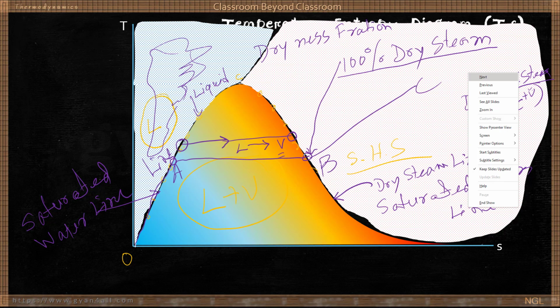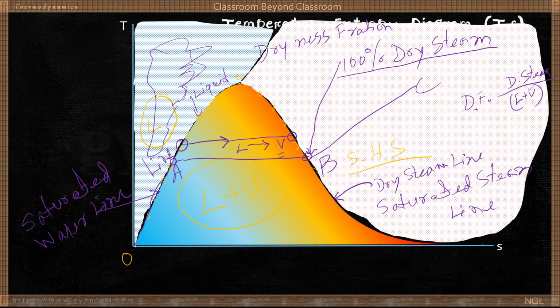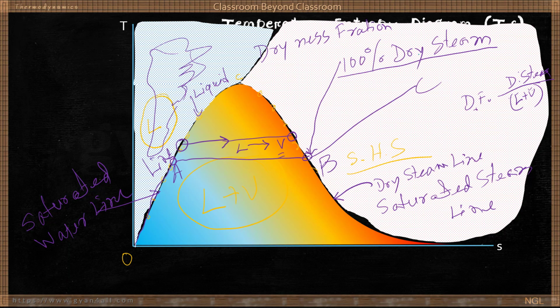Now at point B, what is the dryness fraction of this steam? 1. Very good. So I will write 100% dry steam. We will not go on writing 100% steam every time, so we will write x equal to 1, because the dryness fraction is universally called x. So at point B, x is equal to 1.